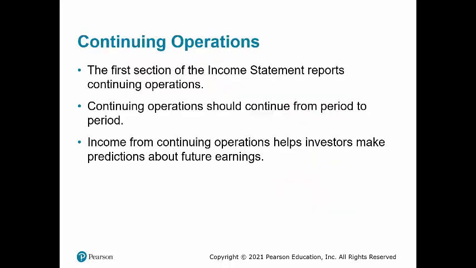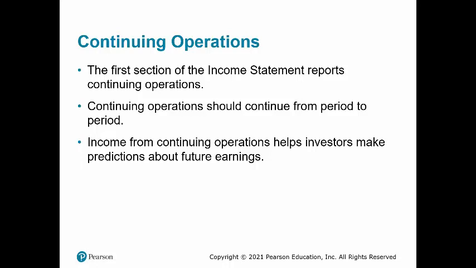So what do we mean by continuing operations, that first section from Kevin's Vintage Guitars, the $71,100? Why is it important to separate that? The reason is that the income statement helps investors make predictions about future earnings.